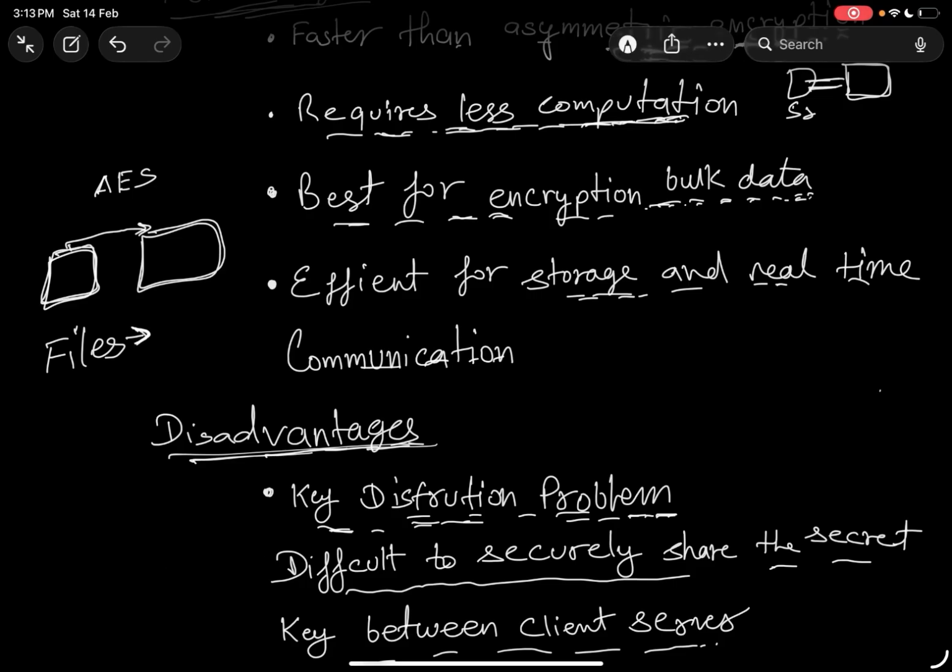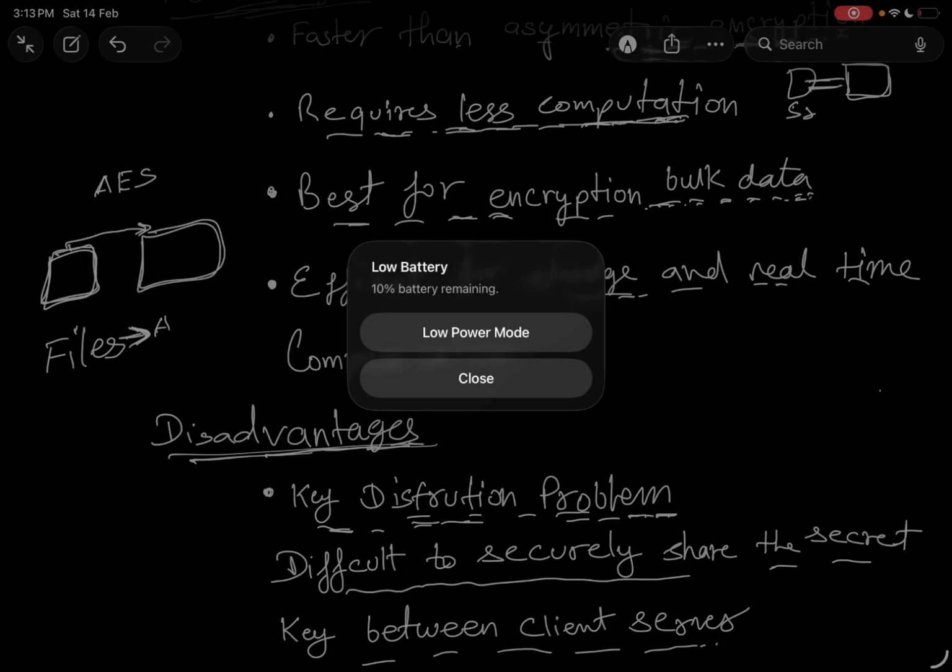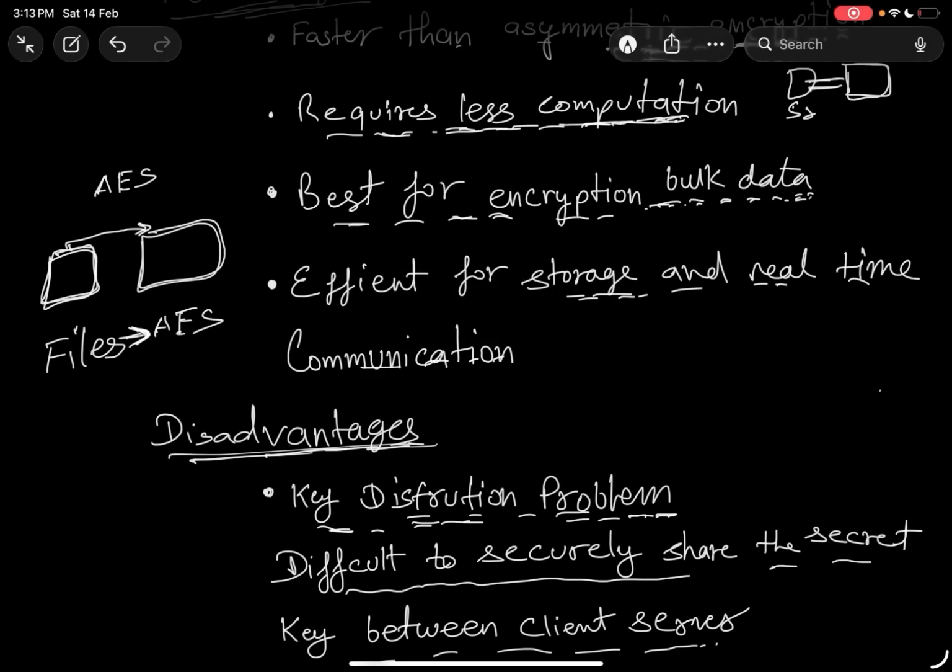Here also AES is used. You will encrypt the file using AES, then what AES spits out will be stored on the disk. In this way your file is also very secure.